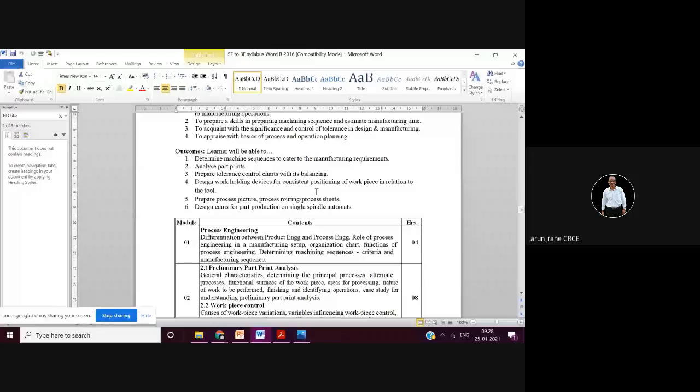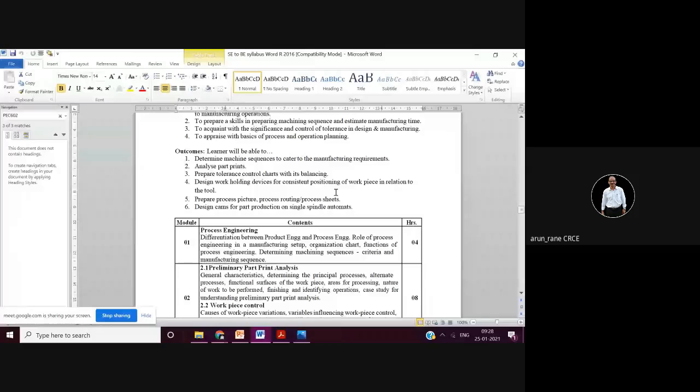Then you will be able to design the fixtures, that is work holding devices. And that is what is called the workpiece control. That is, if the job is too delicate, how to hold it, or if the job is cast or forged, then how to hold it. You understand, no? If the component is like an egg, so how to hold it and do the drilling from the tailstock?